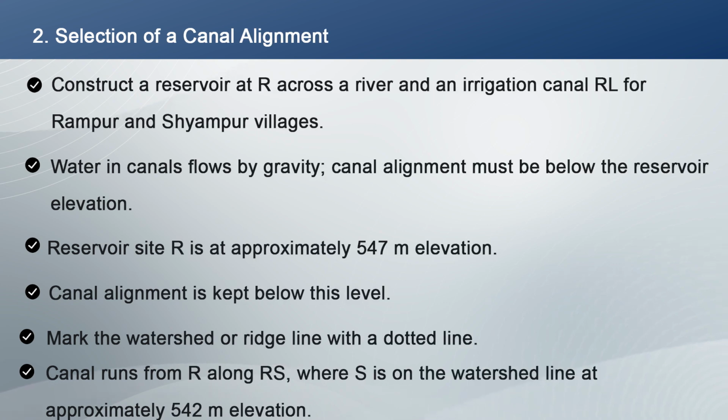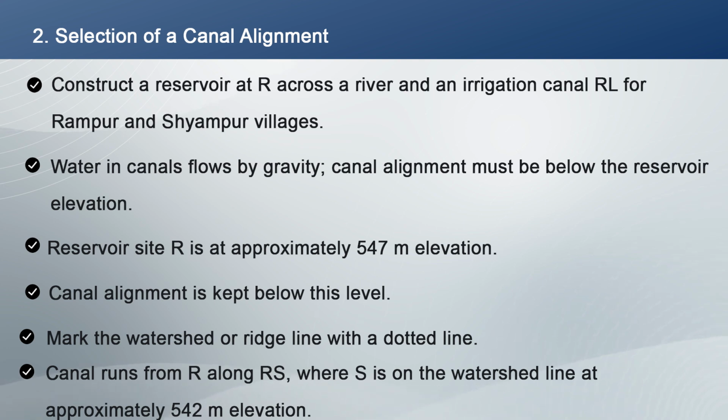Second is selection of a canal alignment. Suppose a reservoir is to be constructed at R across a river. An irrigation canal is required to be constructed to irrigate the area of two villages, Rampur and Shampur, located on opposite slopes of the ridge.